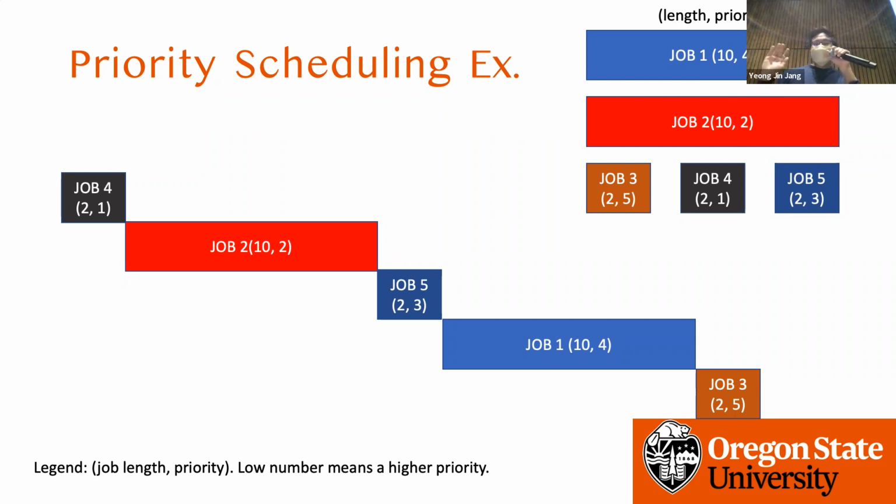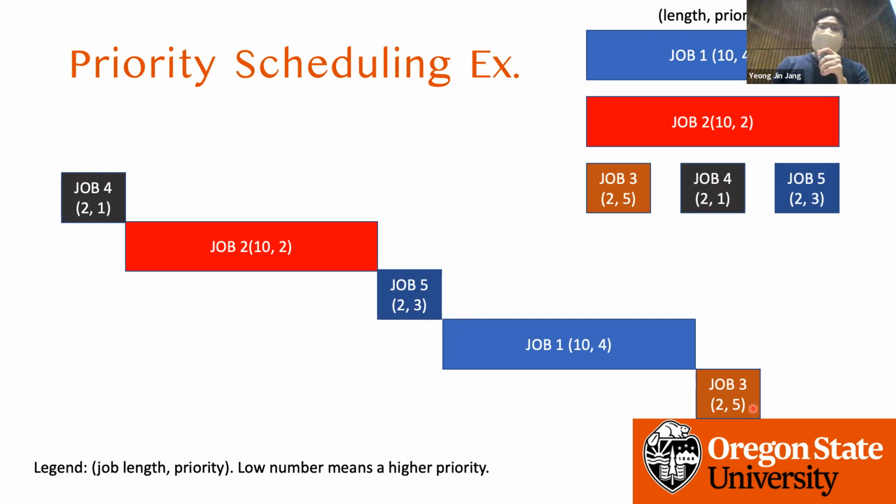Based on that, we can schedule. Suppose priority 1 is the highest, so a bigger number means a lower priority. Then the one with priority 1 will be scheduled first, 2 next, then 3, 4, and 5, something like this. So it's not random. It's based on the user configuration.